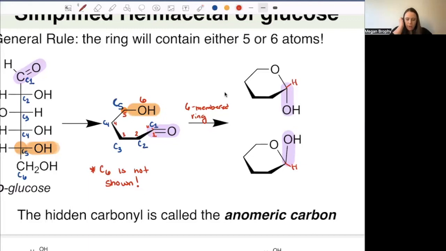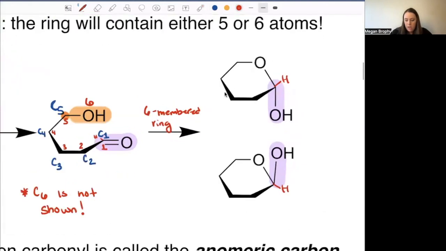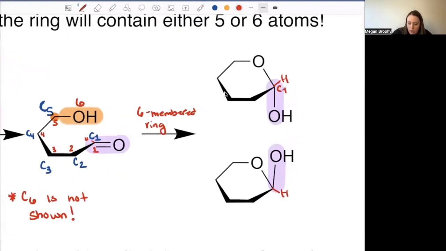Let's go through and number the carbons first. So we have C1. I should use blue for this. So we have C1 and C1. I'll do the top one all the way around first and then come to the bottom isomer. So you have C1, and then we keep going around the same way that we did before, bending down and going around counterclockwise.